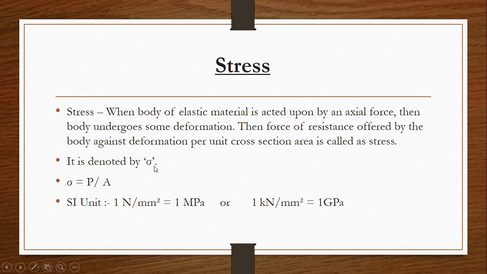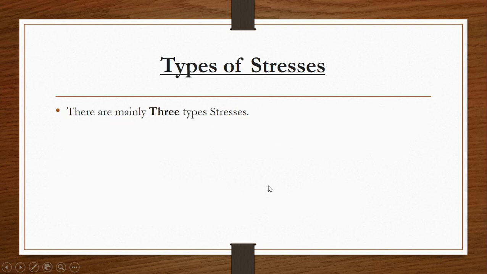So stress equals force, that's P, upon unit cross-section area, that is A. So sigma equals P by A. As the SI unit, 1 Newton per mm square is a megapascal. Keep in mind that megapascal means 1 Newton per mm square, whereas 1 kilonewton per mm square is 1 gigapascal, as 1 kilonewton means 10 raised to 3 Newton.